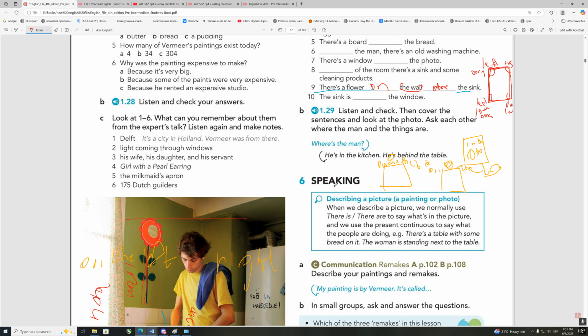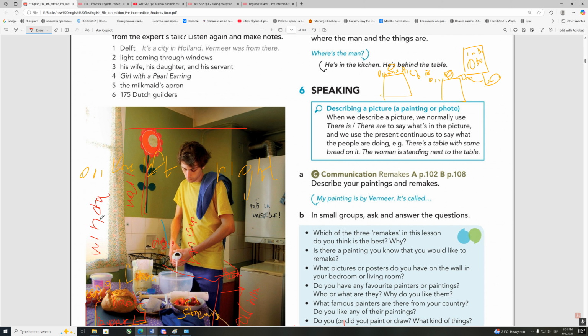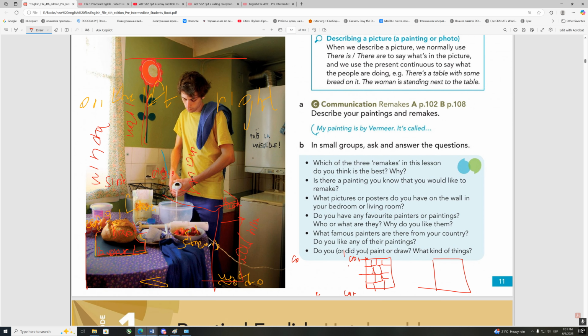We have the window. Left. No. The sink is... What is a sink? It's this item.